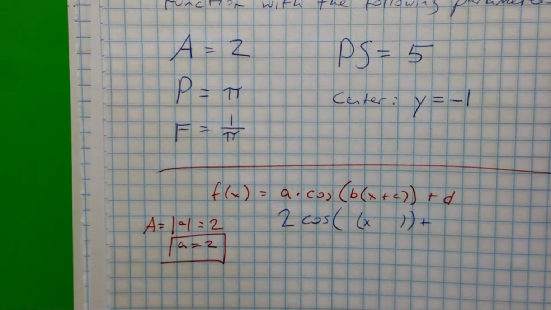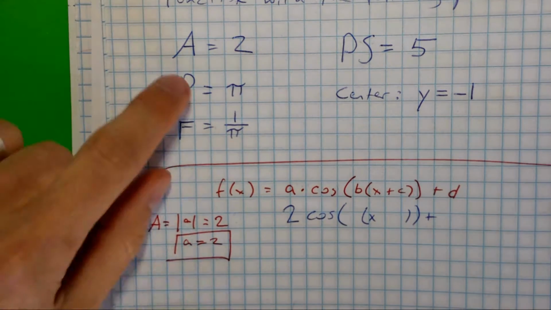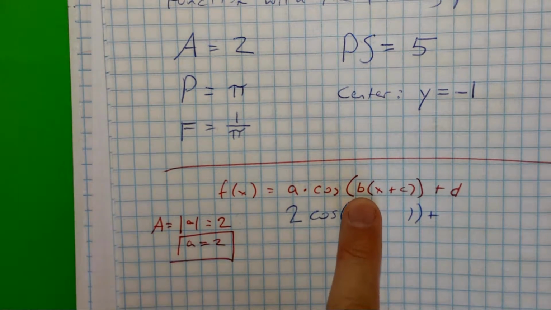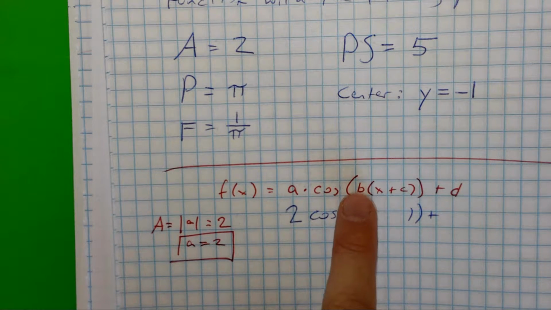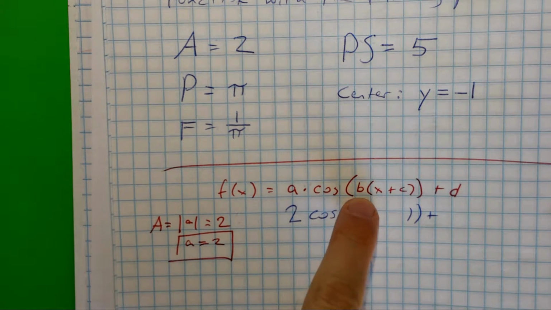Okay. Now I've got to find B. So B represents what kind of transformation? What type of transformation would that be? Yeah, horizontal stretch or shifts. B plays the accordion.